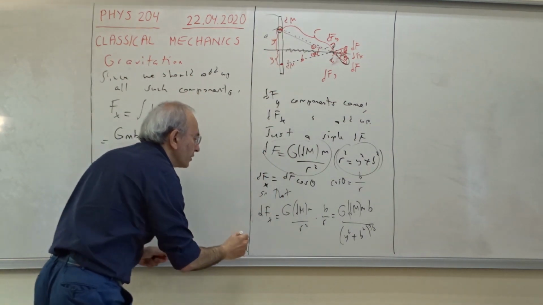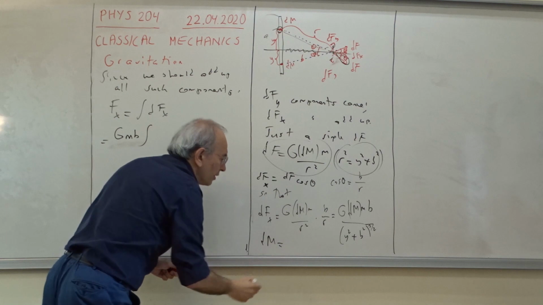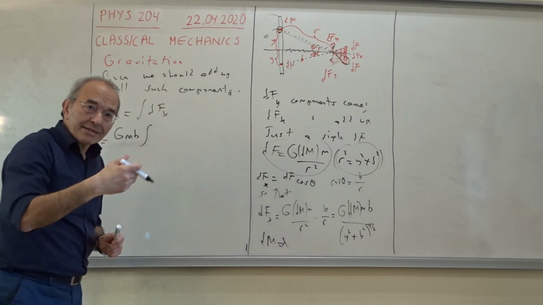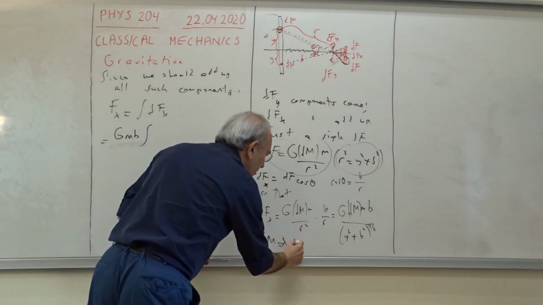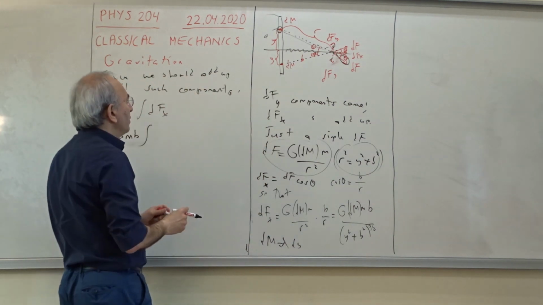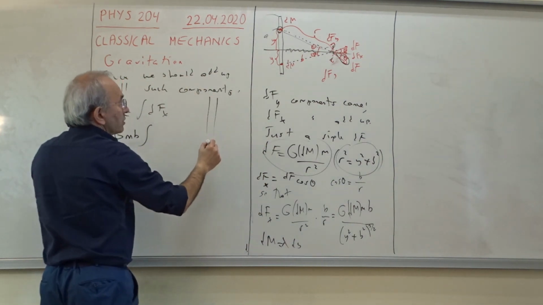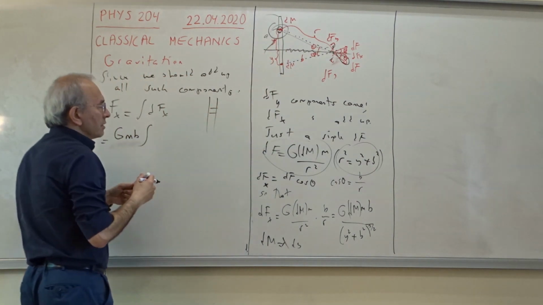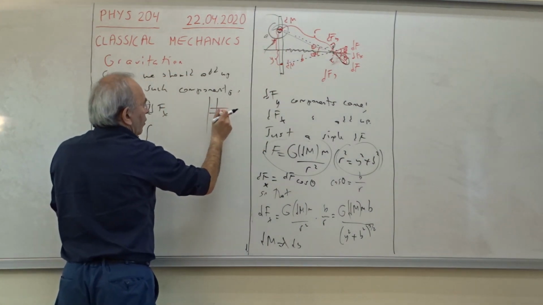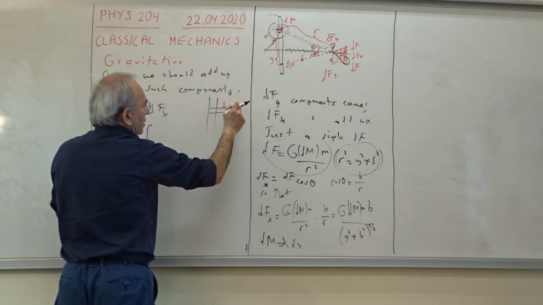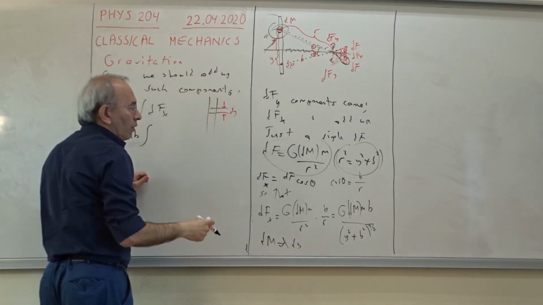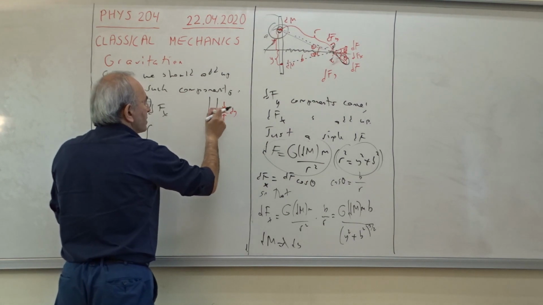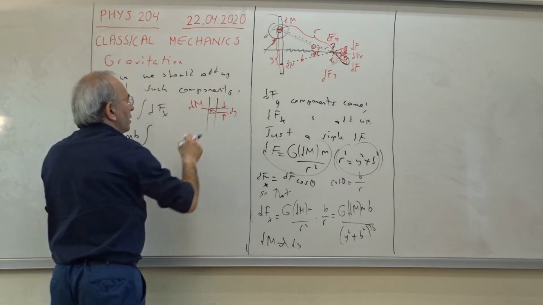But dM can be written as linear mass density lambda times the small length dy. Because if you consider this piece here, this length is just dy, because we talk about the y direction. And the mass in this part is dM.